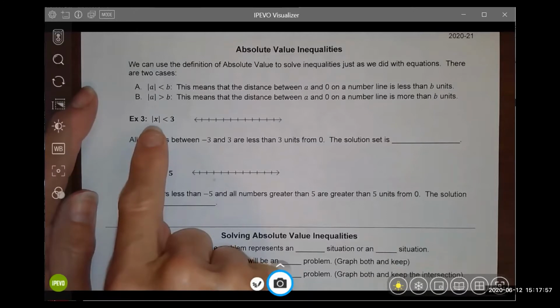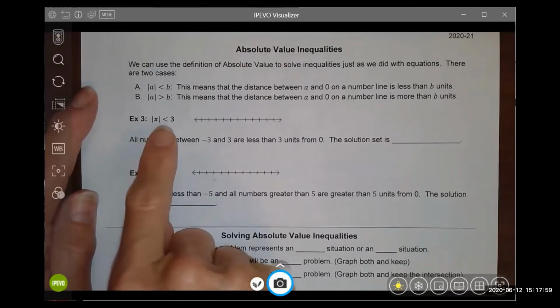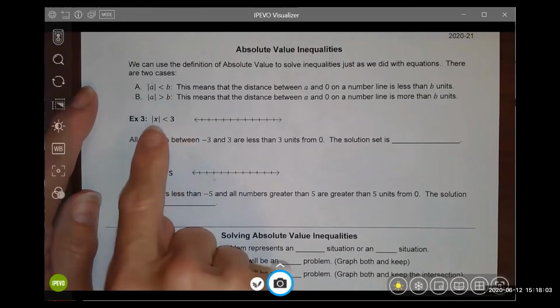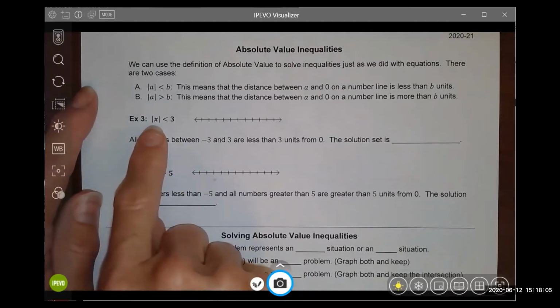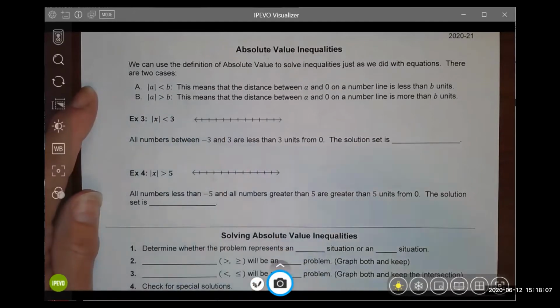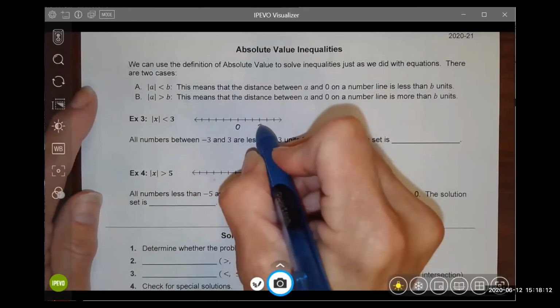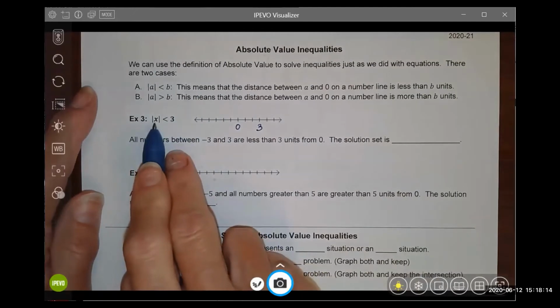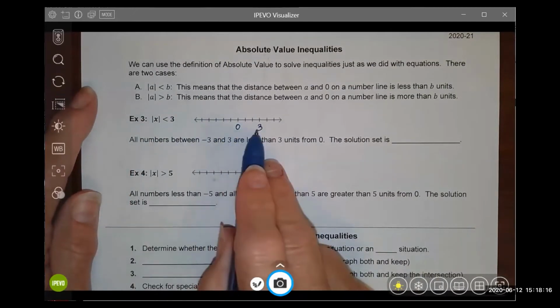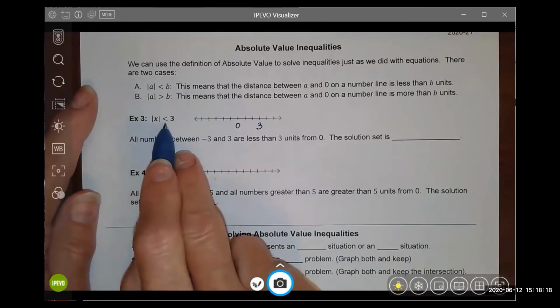This says the absolute value of x has to be less than 3. That means x has to be a number that is smaller than the distance between 0 and 3. So if I put on my number line 0, 1, 2, 3, the absolute value of whatever number this is has to be between these two because it's going to be less than 3.